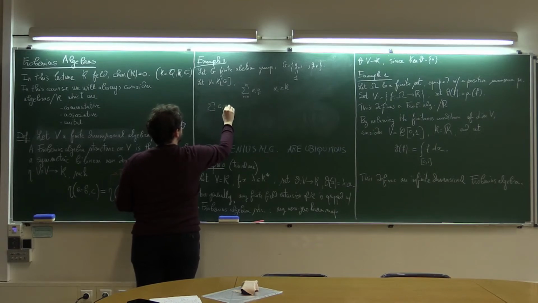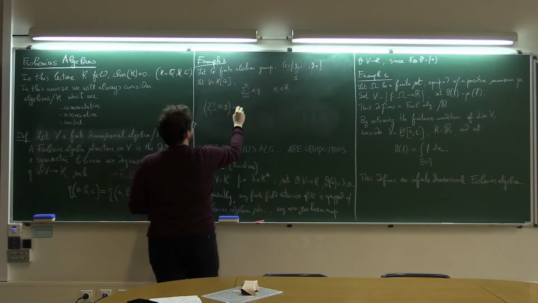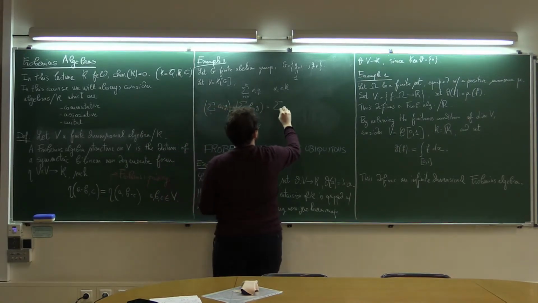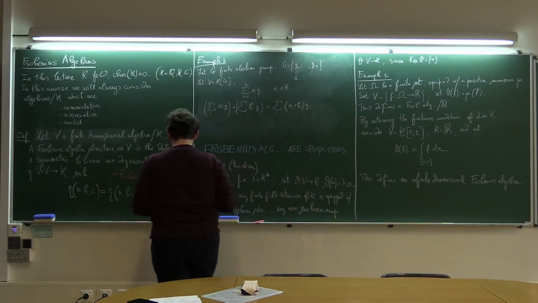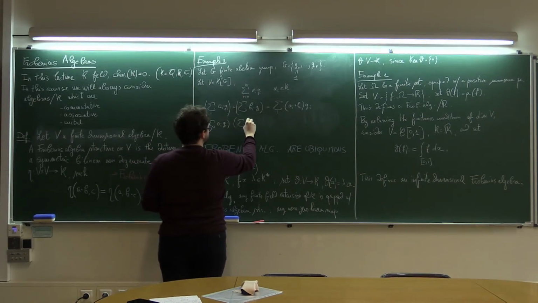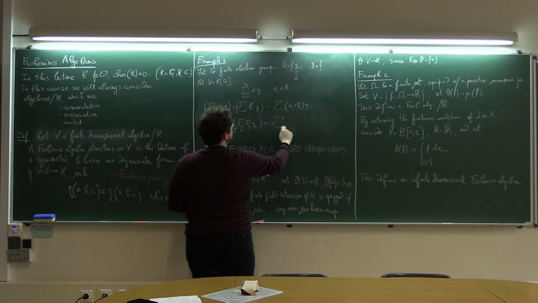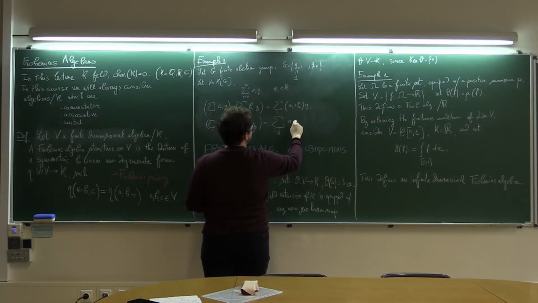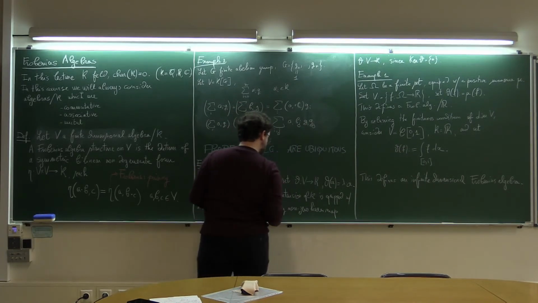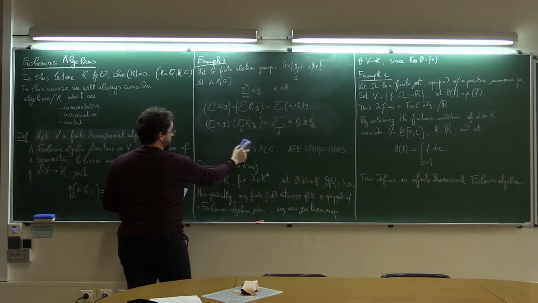The sum of two such series is given, obviously, as follows, and the product as well is defined on g_i, g_j as follows.